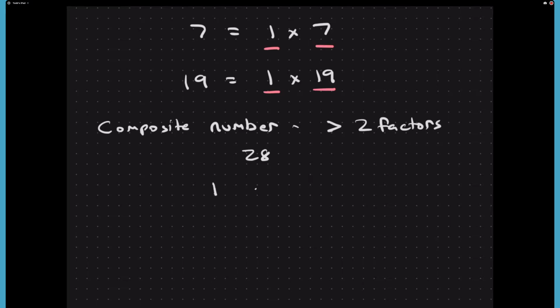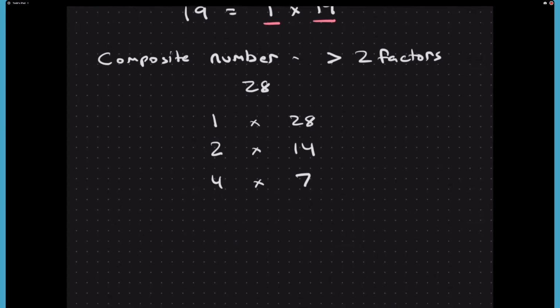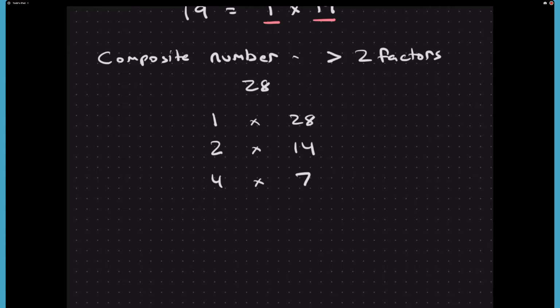Well, 1 times 28, 2 times 14, 3 cannot go into there, 4 times 7, and that is finished. So the factors of 28 will be 1, 2, 4, 7, 14, and 28.